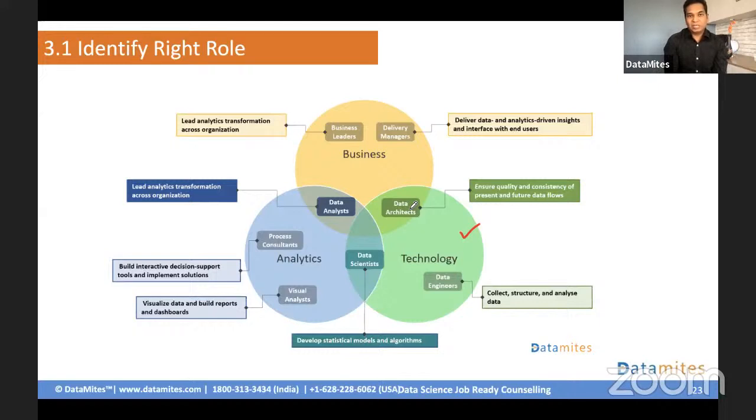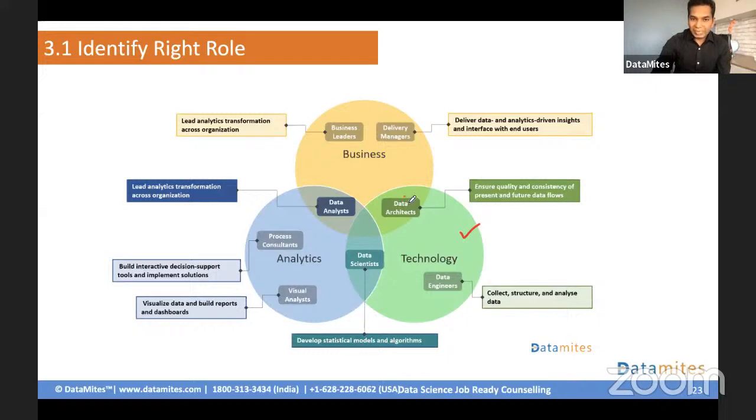How do you retrieve data? How do you manage the data clusters and all of these concepts? It's purely more technical, and it's more to do with gathering the data and streamlining the pipelines. Nowadays, data engineers are also required to have a good idea about AWS, Amazon Web Services, data services, as well as Azure data services.